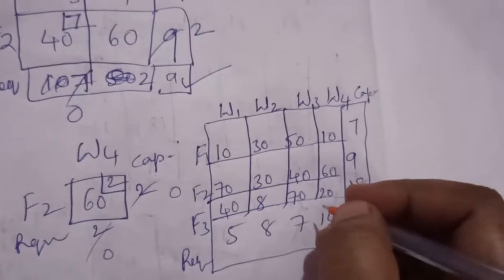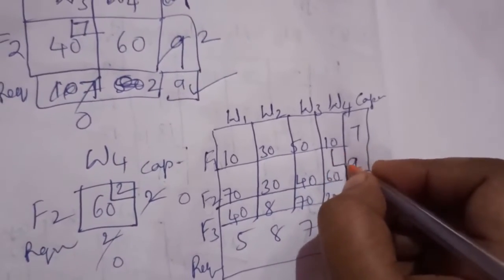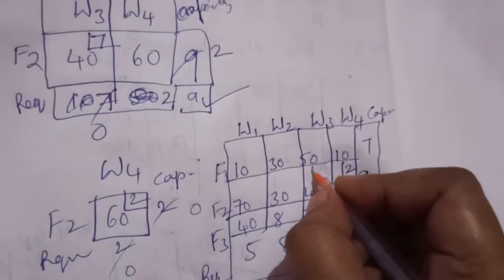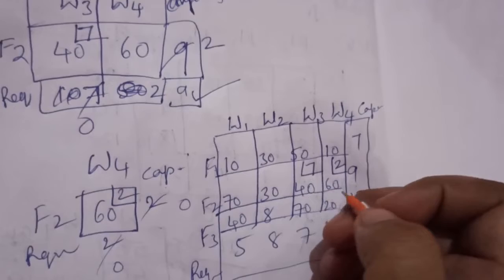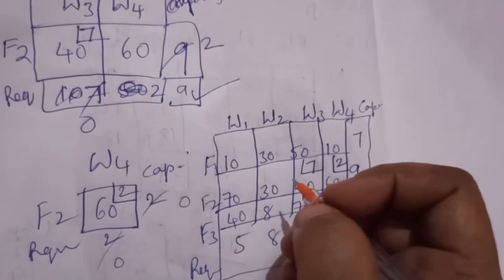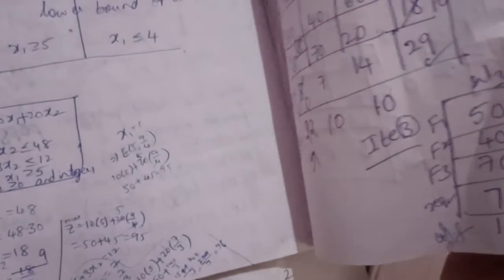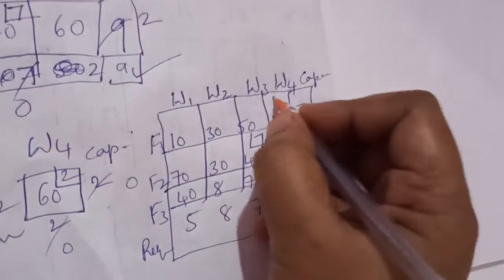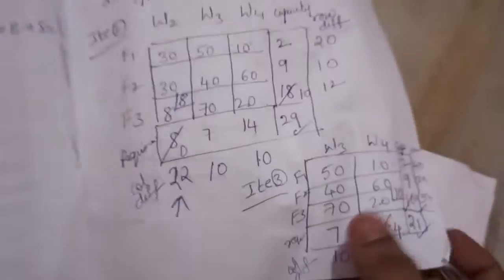The allocations are: at 60 we allocated 2, at 40 we allocated 7, at 10 we allocated 2, at 20 we allocated 10, at 8 we allocated 8, and at 10 we allocated 5. That is 1, 2, 3, 4, 5, 6.